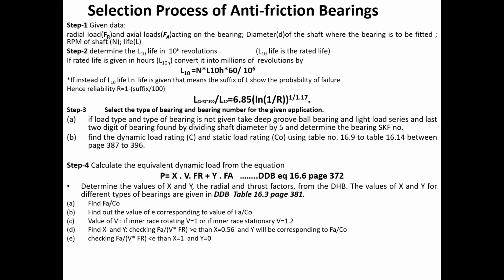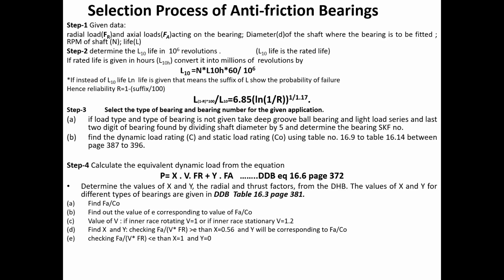That means what is given? It is given as L15 life, because we always define the life in terms of failure. So if the bearing has 85% reliability, the life given in the problem is L15 life, and we have to find out L10 life.